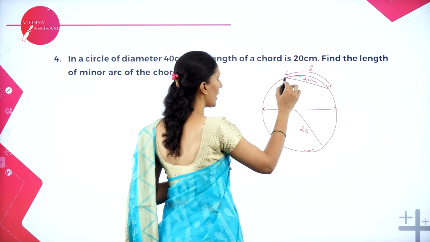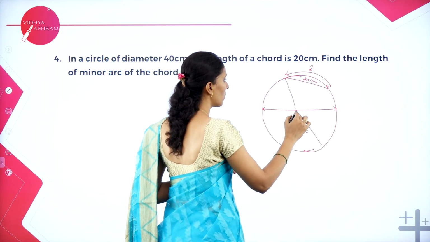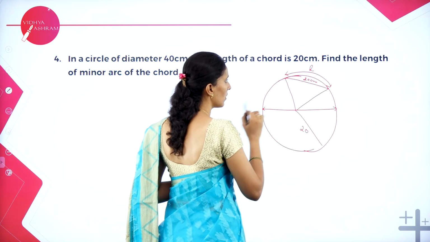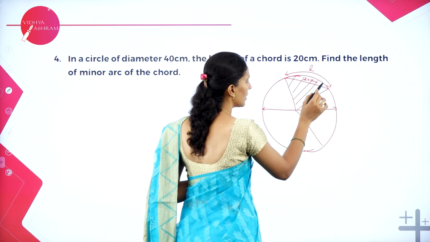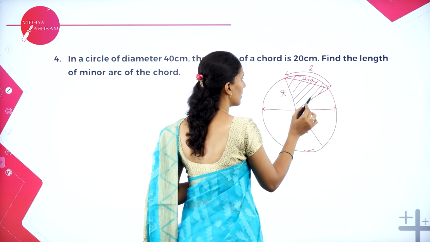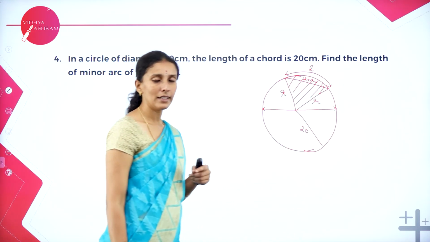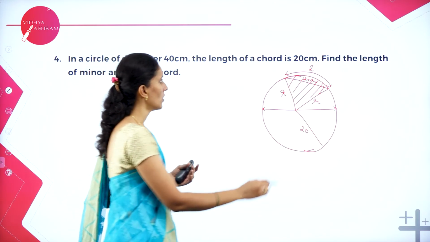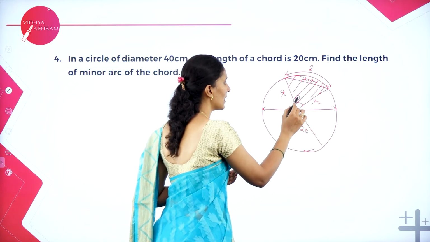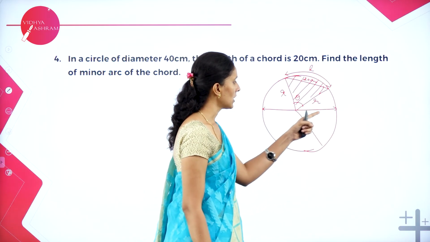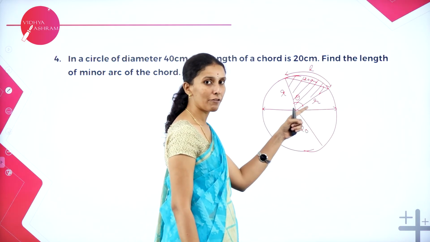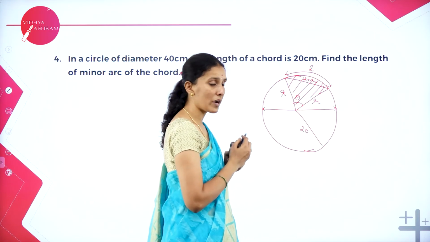Let me draw 2 radii from the center. We know that the angle subtended here is in terms of radians, so let us call it theta. Now if the circle diameter is 40 centimeter, your radius is 20 centimeter.